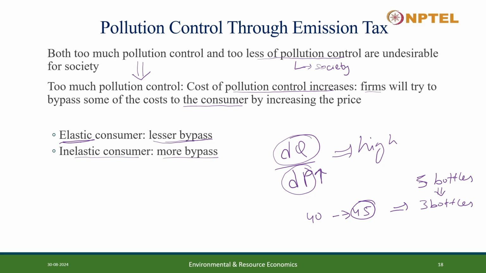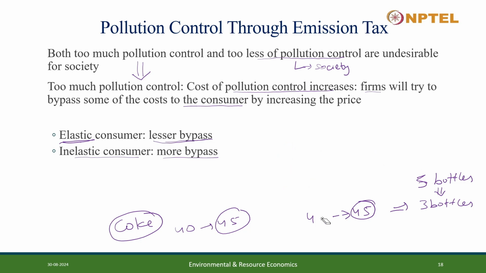However, if I don't have a choice other than Coke, let's say there is no other drink at all, then I have to drink Coke. Then from 40 to 45, the company will increase very easily, right? Because they don't have to care, since anyway you'll drink from me. So I'll increase my price when I have to go towards pollution control. I'll pass my cost towards the consumers. So this is the concept.